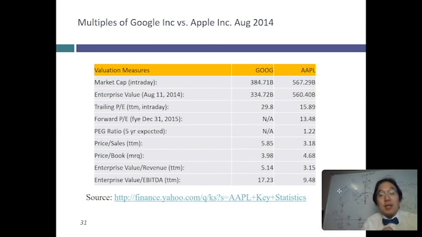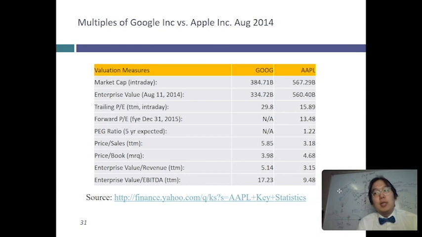PEG ratio. What is that? PE ratio divided by the expected growth rate of EPS in the future. PE ratio divided by growth rate, which came from Peter Lynch, right? One famous guy; One Up on Wall Street is his bestselling book in the whole world.